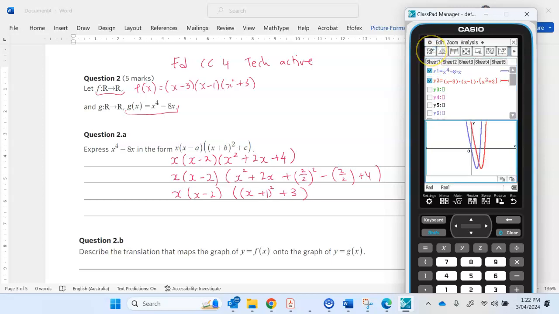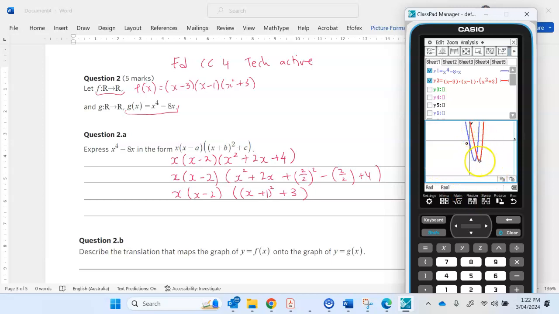All right, let's see what they look like. We want to go from f of x, so my f of x is the red. Is that right? Let me just think. To the g of x, which is blue. So we're going from red to blue. I can see that it's only been translated. They both have the same shape.